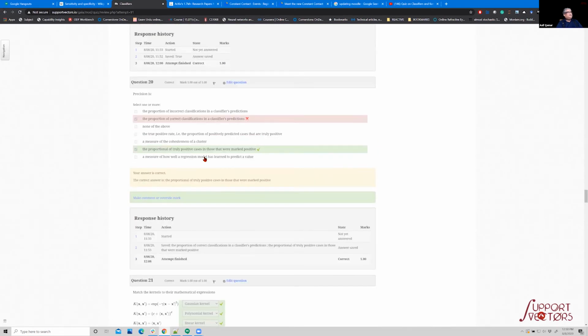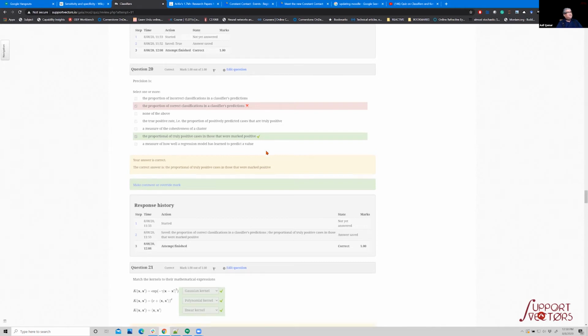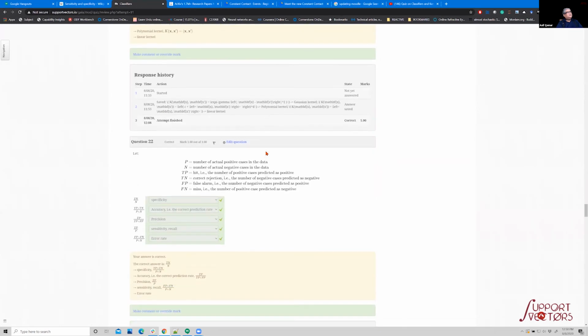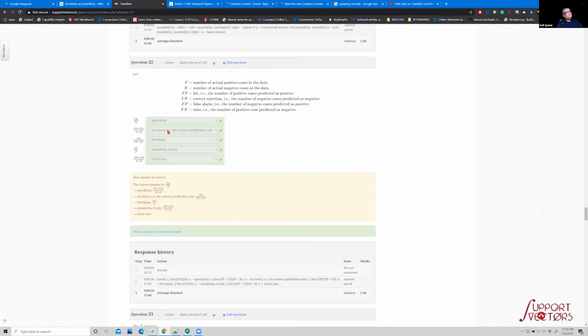Precision is, what is precision? Precision is exactly that, the proportion of true positive cases in those that were marked positive. So suppose you say that these people have the disease, what proportion of them actually had it? That is the precision. So that is that. Kernel, then this matching is correct.